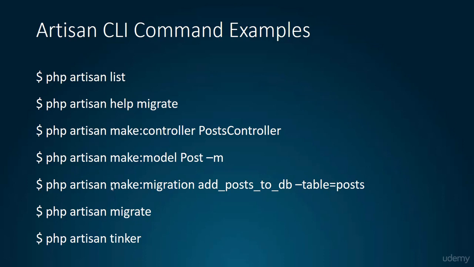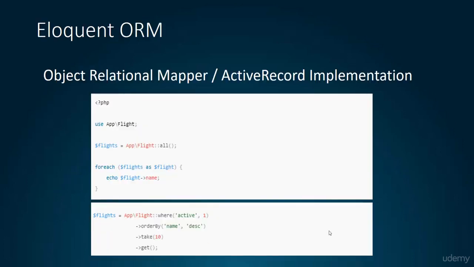Now if you want to create a custom migration file, you can do that. So for example, this is add_posts_to_db, and we can specify the table name. And once we want to run the migration files and create the database tables, we can do php artisan migrate. And if we want to use Tinker in the command line, we can say php artisan tinker. There's other commands, but these are some of the most popular.